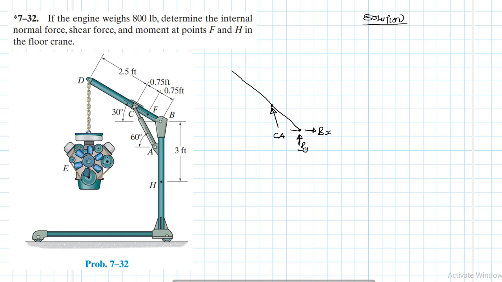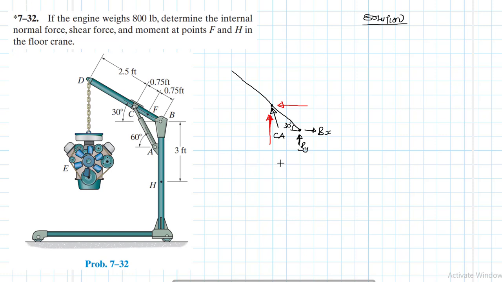The slope here is given as 30 degrees, and the slope for CA is 60. So CA is going to have two components. It will have one component like so, and then another component like so.